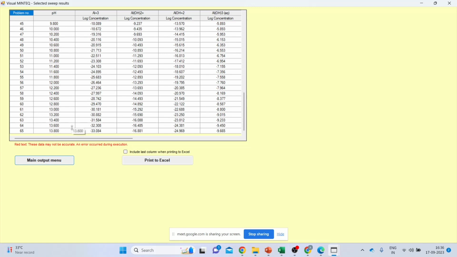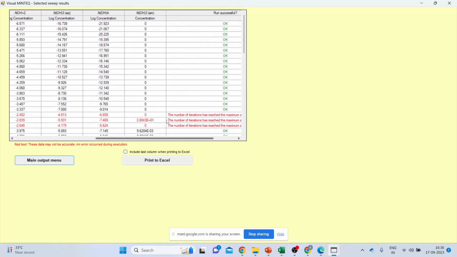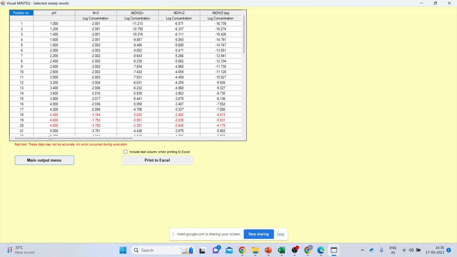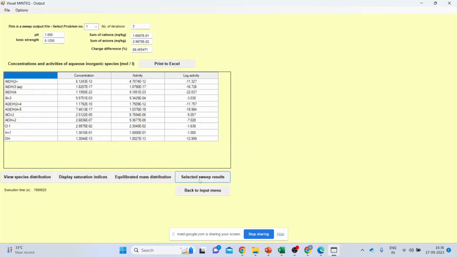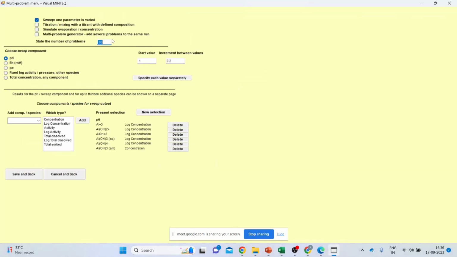Okay, I will add one more step, 66, it will give us up to 40. So this is the log concentration for all the species which I have added. Let's just add one. Let's do it, 66.